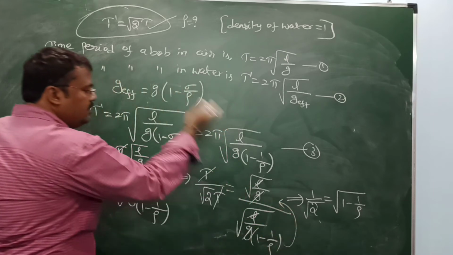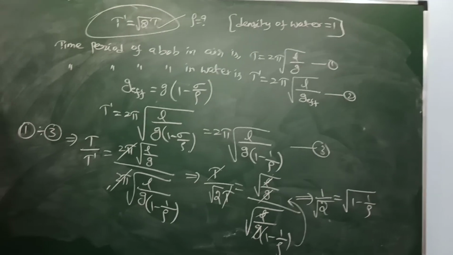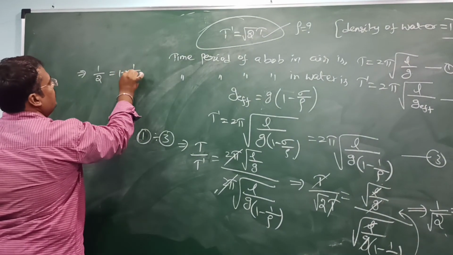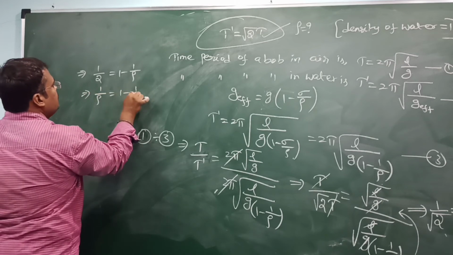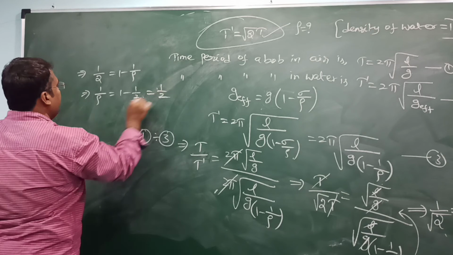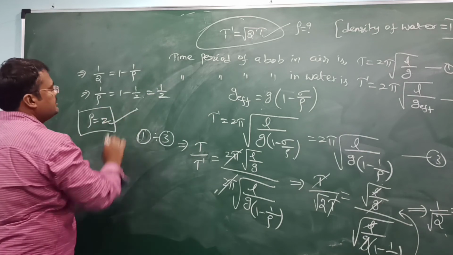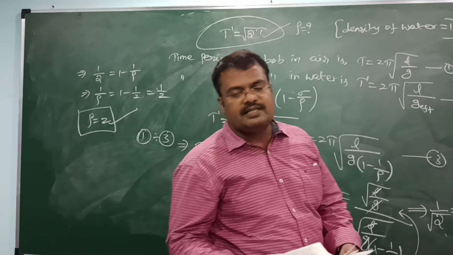Taking this one, squaring on both sides, what will we get? So 1 by 2 is equal to 1 minus 1 by rho. So 1 by rho is equal to 1 minus 1 by 2, that is equal to 1 by 2, then rho is equal to 2. The answer is, the density of the bob is nothing but 2.